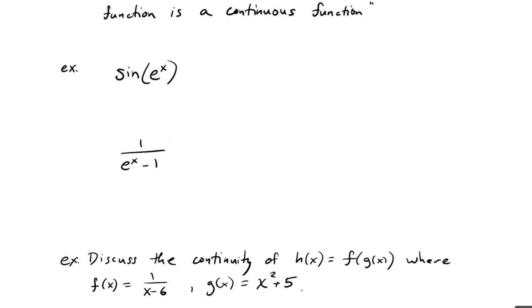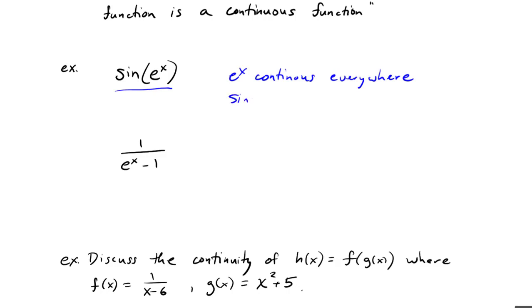So imagine you did sine of e to the x. This is sine of e to the x, not sine x times e to the x. So we've basically taken e to the x and put it inside the sine function. We don't have a lot to worry about here because e to the x is continuous everywhere, because it's defined everywhere, and it's one of those functions that wherever it's defined, it's continuous.